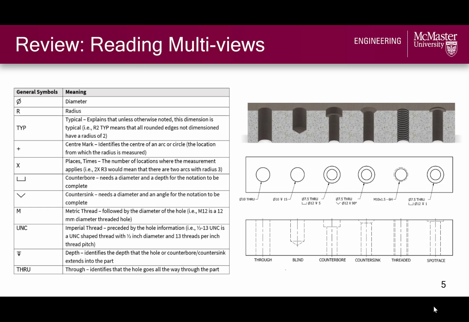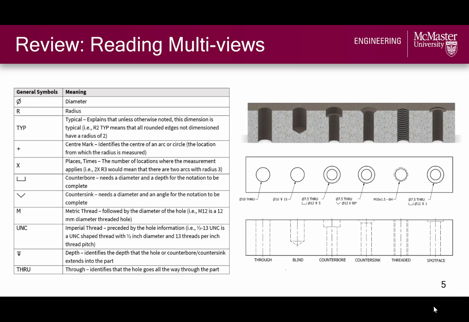This includes symbols like phi and R for diameter and radius, TYP for typical dimensions that appear in multiple places on the part unless specified otherwise, and the times sign to indicate the number of times a feature appears on a part. There's also quite a bit of notation associated with threaded and countersunk or counterbore holes, as shown in these example drawings to the right, and we will practice some of these examples by generating holes from these annotations.